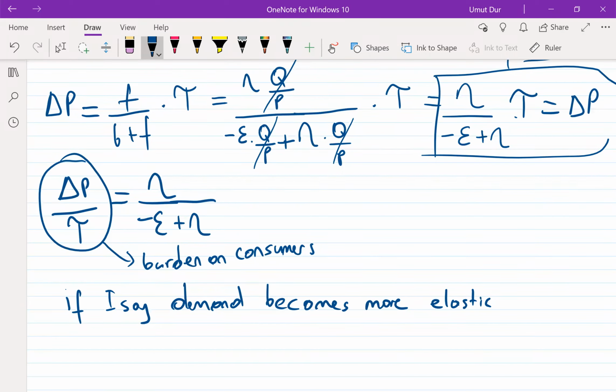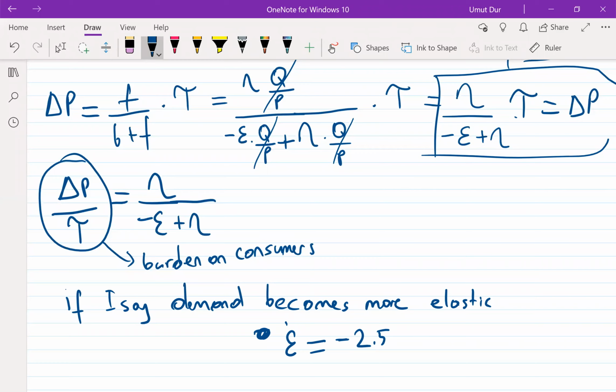So it increases in absolute terms. For example, epsilon was initially, let's say, minus 2.5. Remember, the demand elasticity is always non-positive, always less than 0.